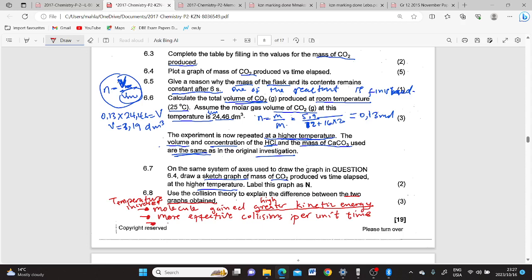The last one, of course, the reaction rate is higher. Therefore, the reaction rate has increased. That will be question number 6. That was a long question.